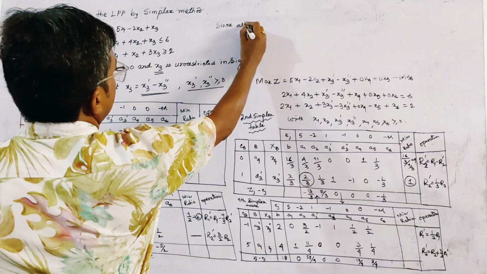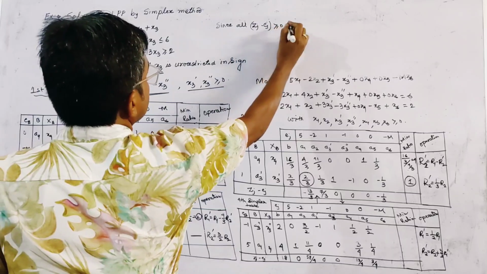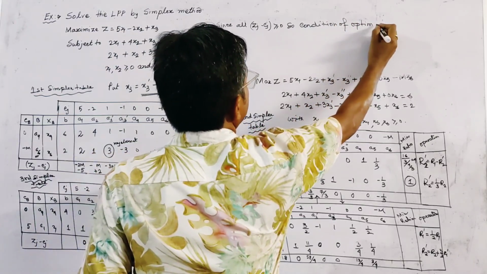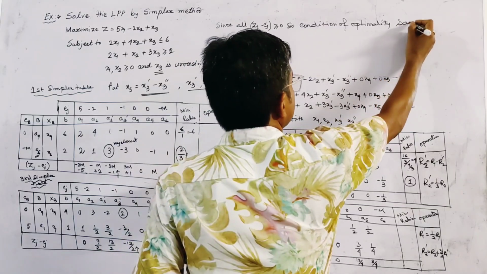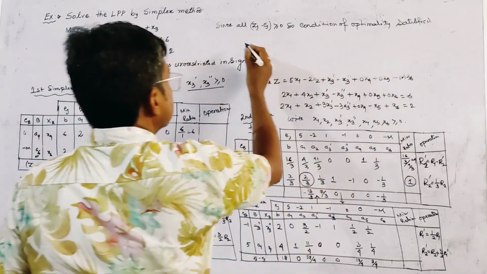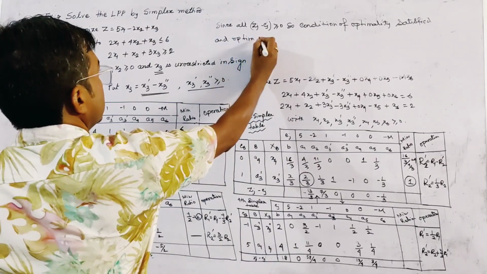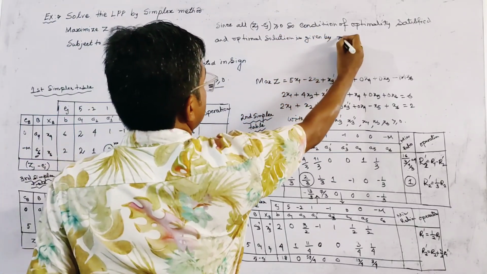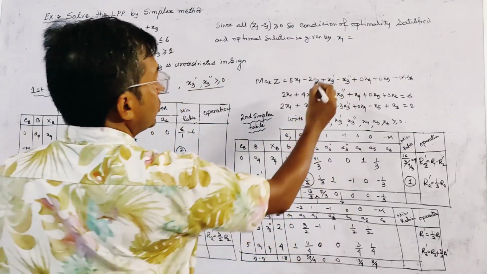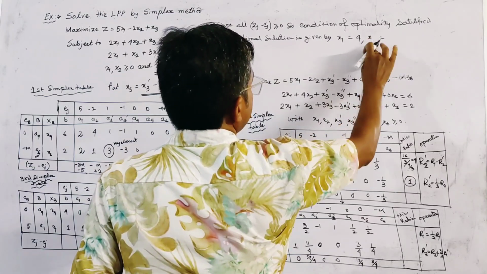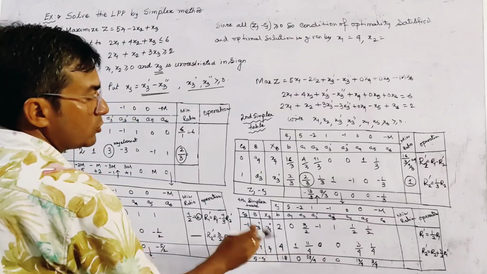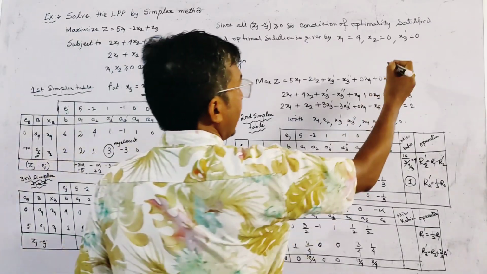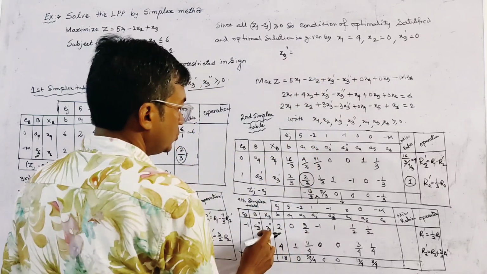Here we write, since all Zj minus Cj are greater than or equal to 0, the condition of optimality is satisfied, and the optimal solution is given by x1 equal to 4, x2, this is equal to 0 because here no x2 is present. x3 dash is also equal to 0 because x3 dash is not present, and x3 double dash is equal to 2.